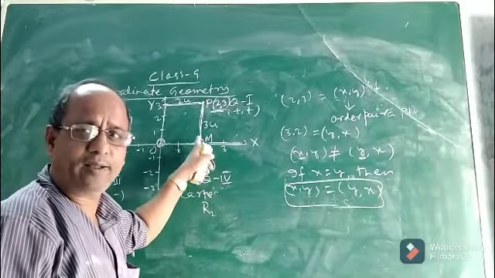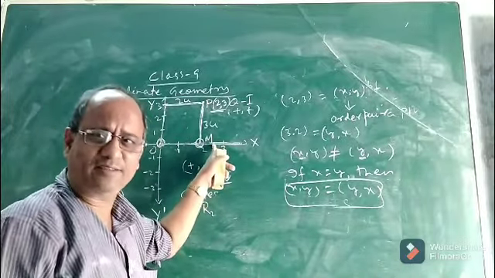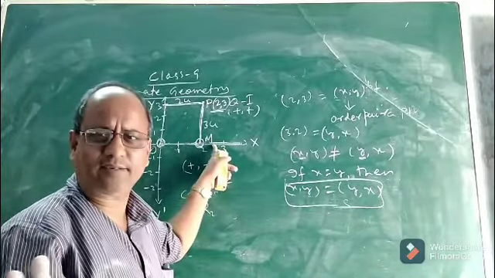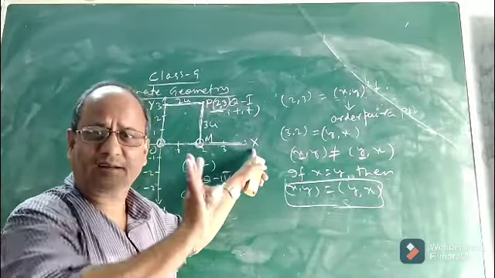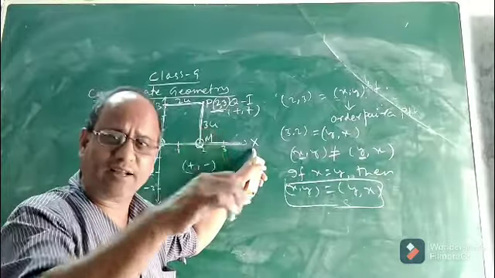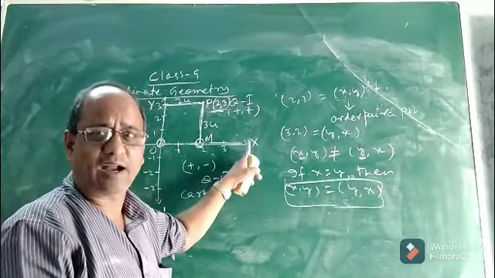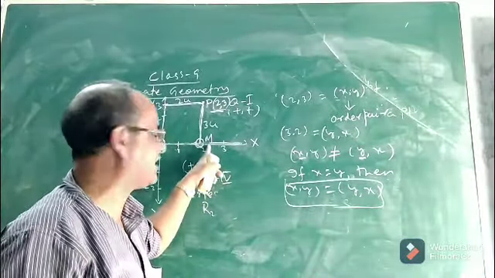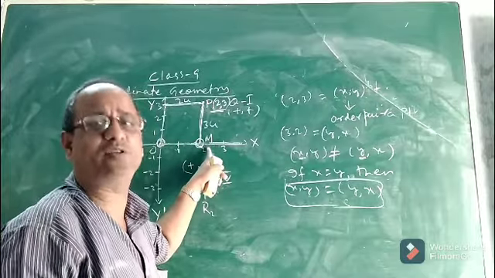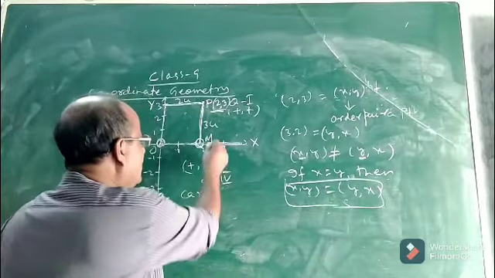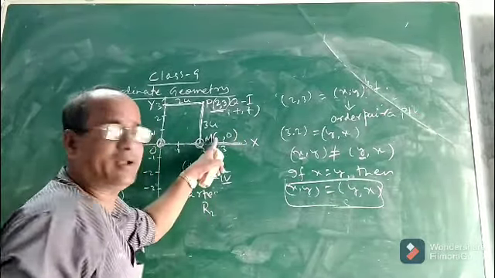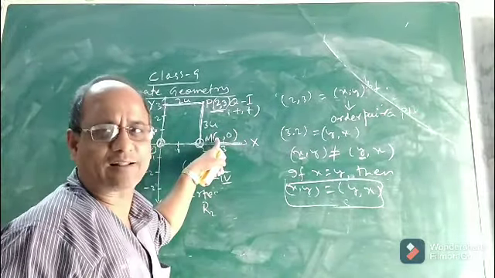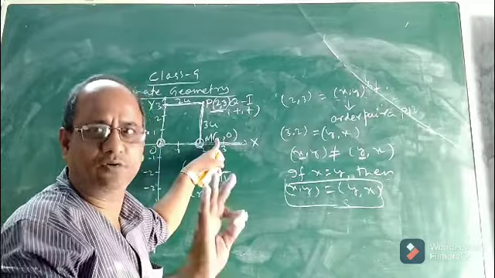When a point lies on the x-axis, that means it is at 0 distance from the x-axis. And if this point is at 0 distance from the x-axis, then which coordinate is 0? The y coordinate is 0. So the y coordinate of this point will be 0. But what about the x coordinate? Do you think that the x coordinate will also be 0? No.